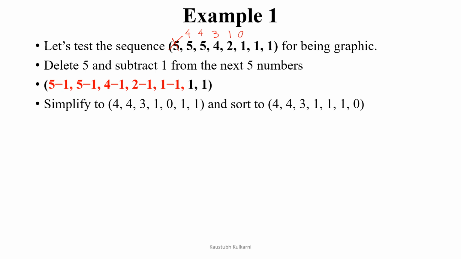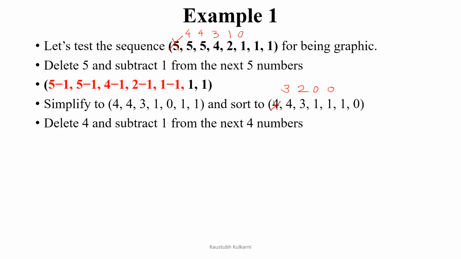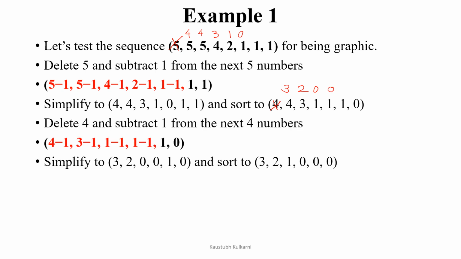Again, we perform the same step. We delete 4 and subtract 1 from the next 4 vertices, and we again sort the resulting degree sequence. It gets sorted to 3, 2, 1, 0, 0, 0.